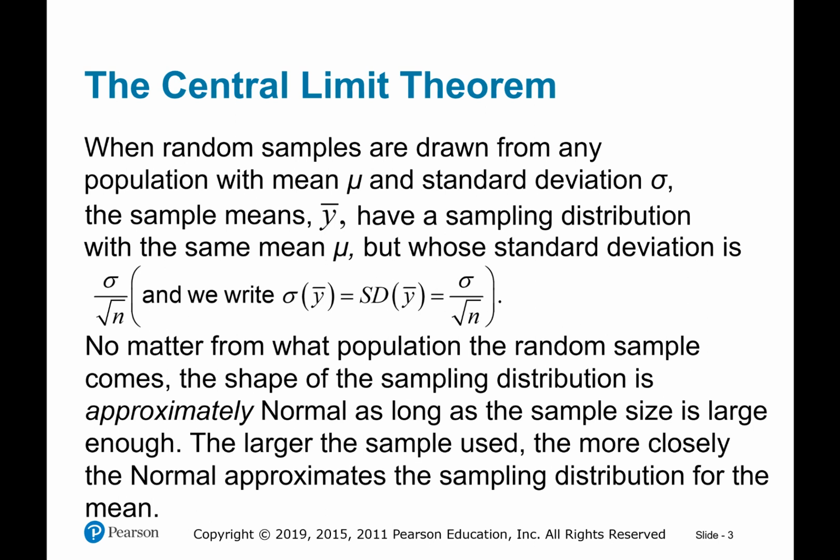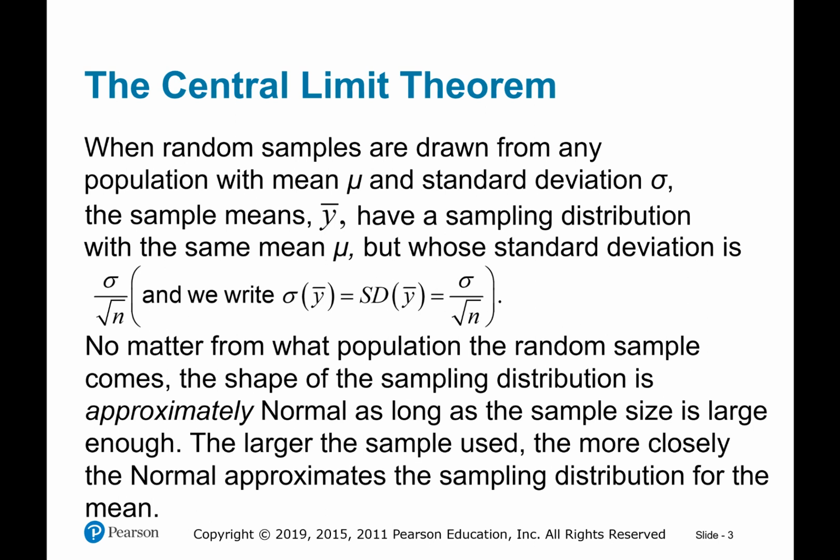You'll see different Roman letters there, but with the bar over it is a sample mean. It has a sampling distribution with the same mean as the population, and the standard deviation is sigma divided by square root of n, where n is the sample size. That's our lovely little formula.